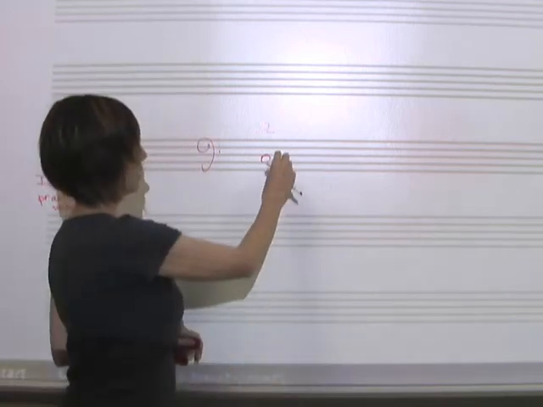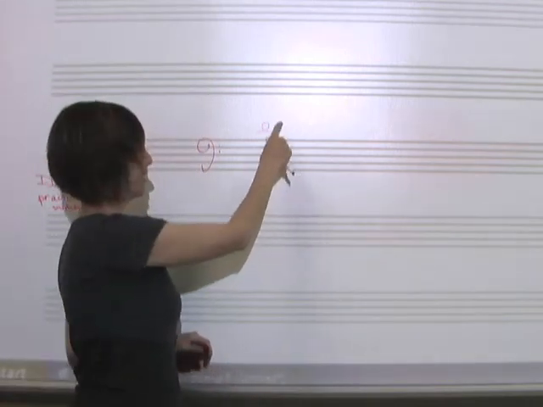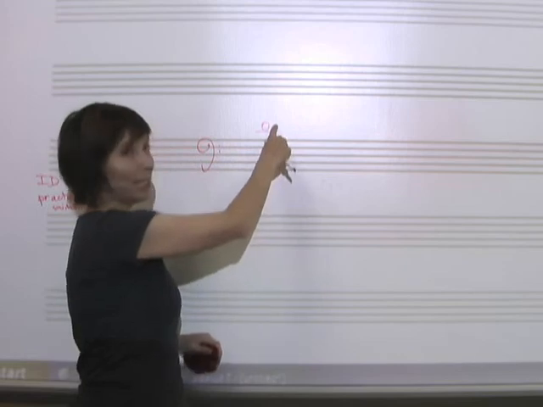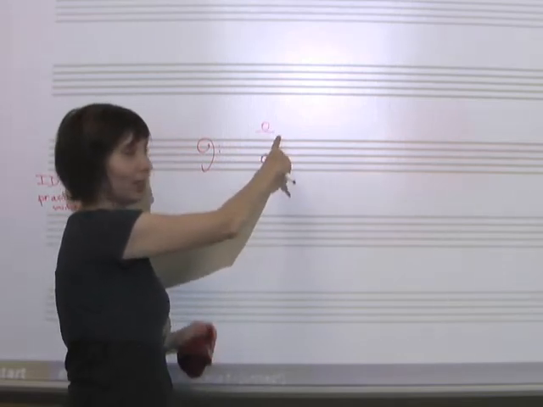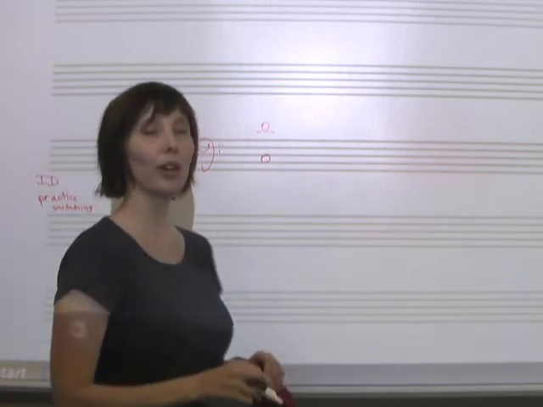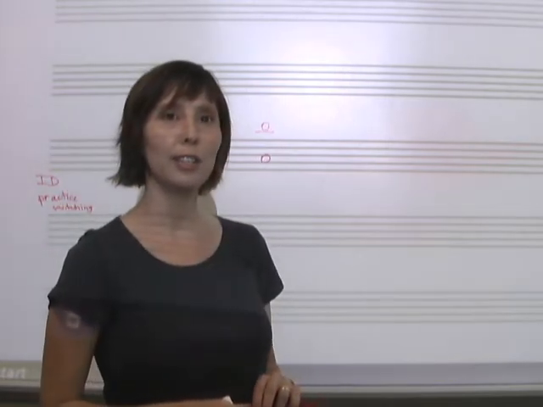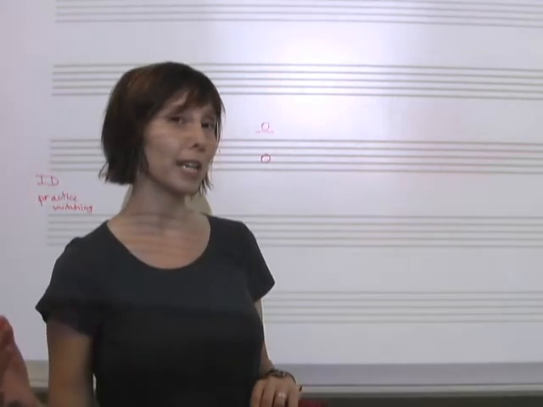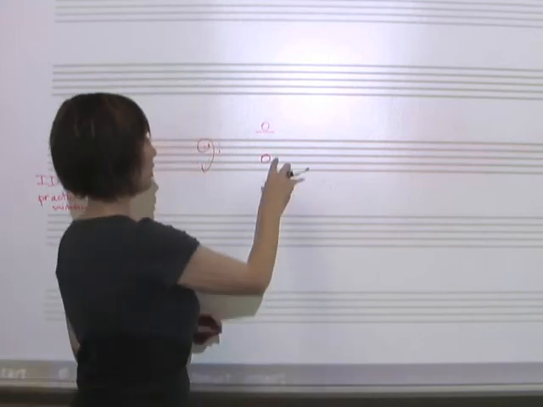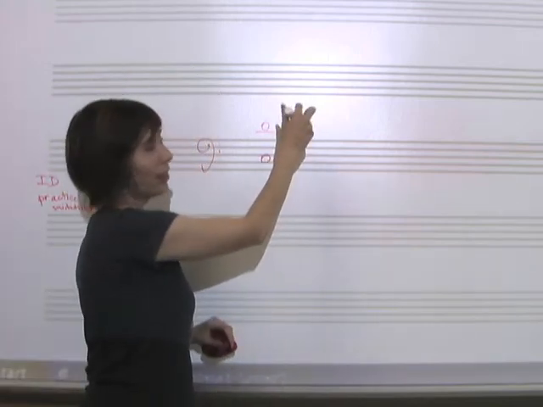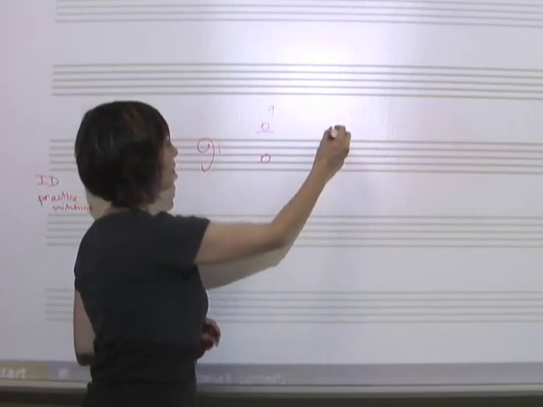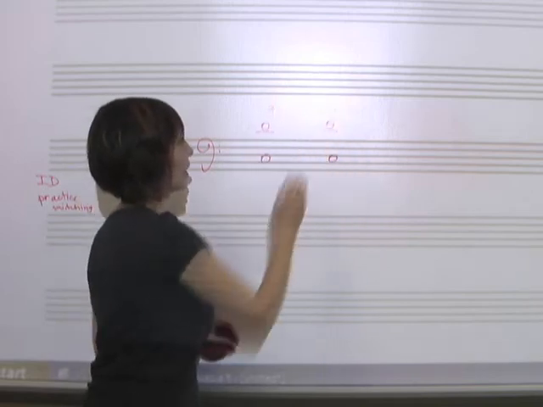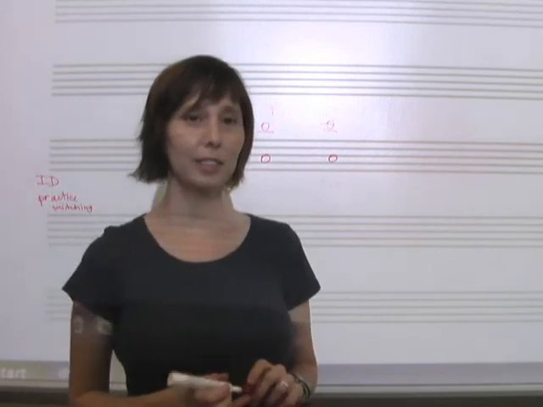This is a C, and this is a D. If this were a C, it would be an octave or an eighth. Since it's one more note, slightly farther away, this is actually a ninth. That's a tenth, and so on.